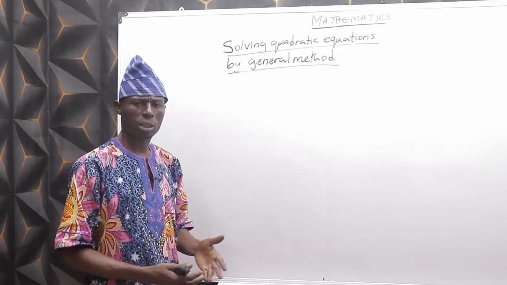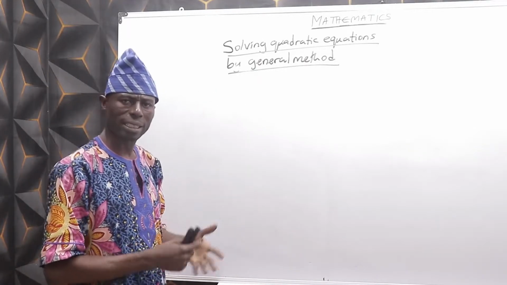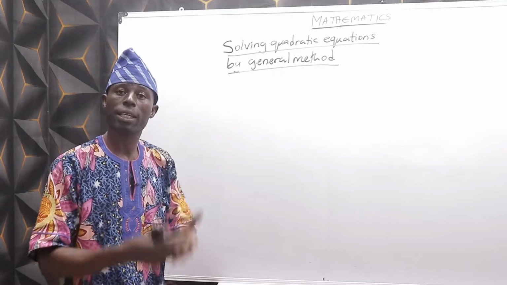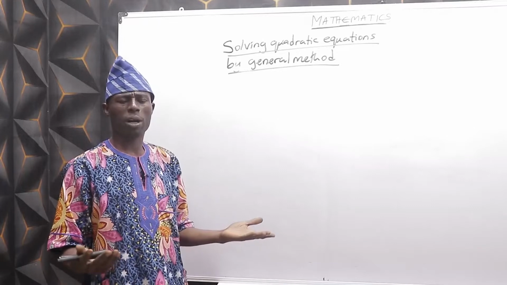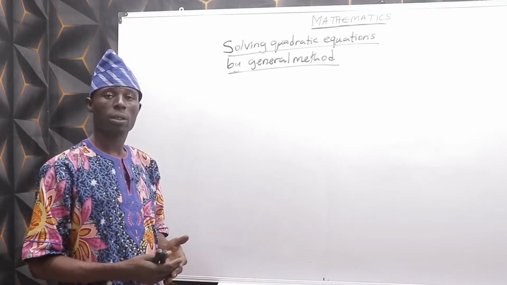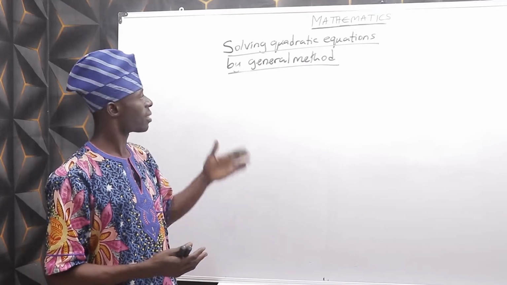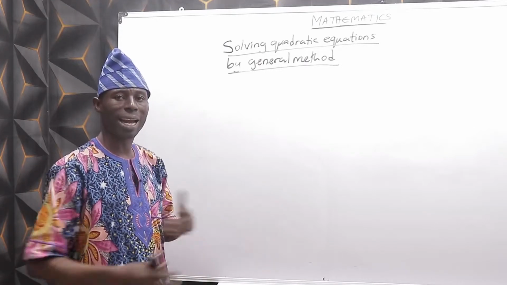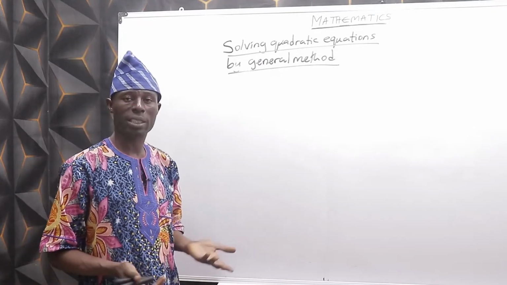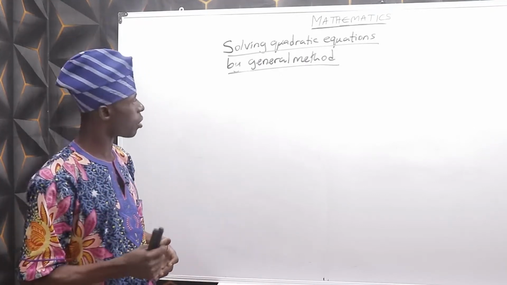This general method is otherwise called quadratic formula or almighty formula. People call it almighty formula because it is a formula that can solve virtually all kinds of quadratic equations. And that's why they call it almighty formula, even though only God is almighty.